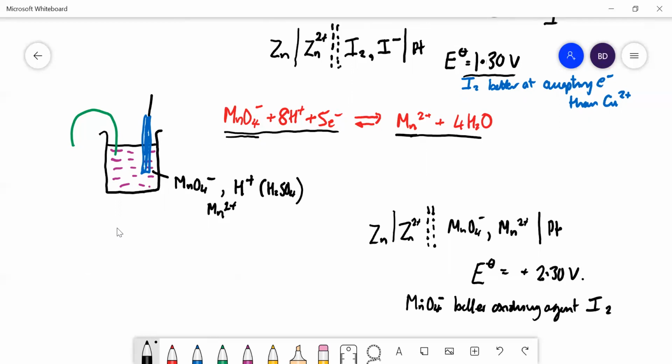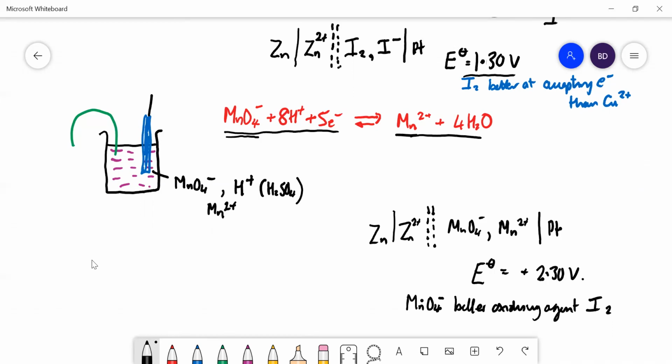Now, you can probably see now it gets very complicated. If you just keep comparing pairs of things together, it'd be very hard to put them all in an order. So what people said was, let's compare everything to one electrode. Let's call that one 0, and see how everything compares to that.